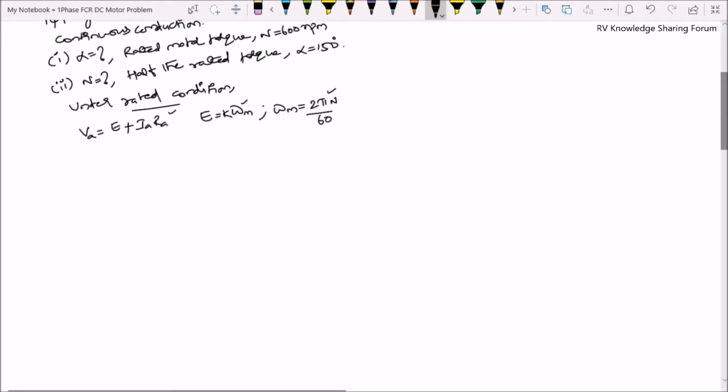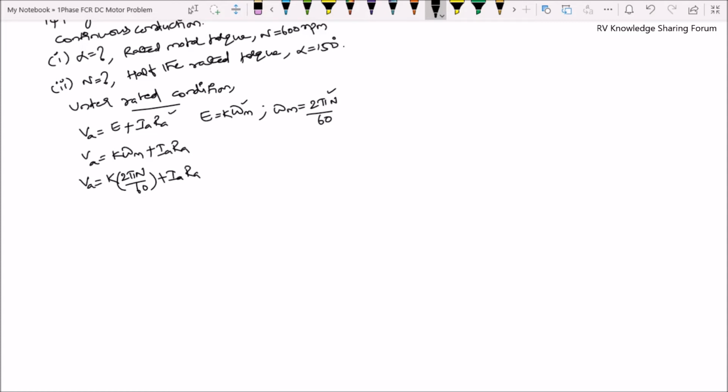So what happens is, VA is equal to, instead of E we substitute K omega m plus IA RA, and instead of omega m we substitute 2 pi n by 60, plus IA RA.